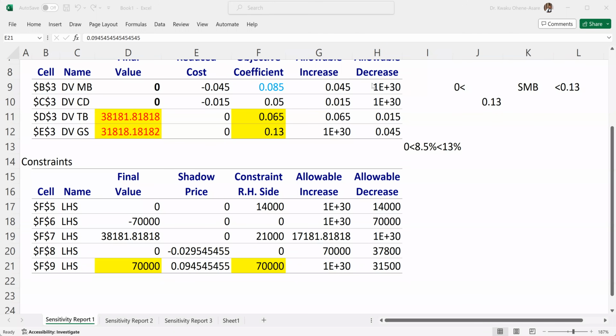Which constraints are binding, by the way? You can say F5, F6, F7, F8, F9. Which constraints are binding here? Isaac. It's F9 because the usage is equal to available. Good. That is one. Which other one?